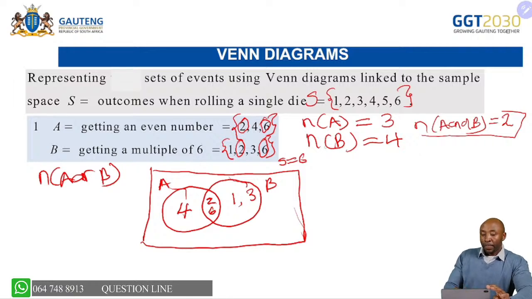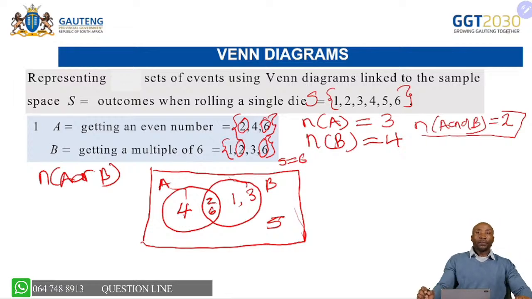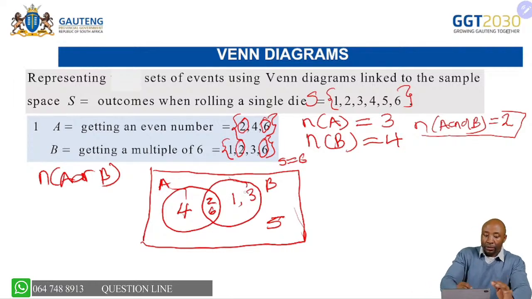So you are able to see that there is a 5 which is in the sample space, but it's not included in any of the events A and B. So we write it inside the sample space, but outside the 2 events, and we would have come out with a Venn diagram to represent that information. So we are able to say the number in A or B, we are just counting 1, 2, 3, 4, 5. So the number in A or B will be given by 5.